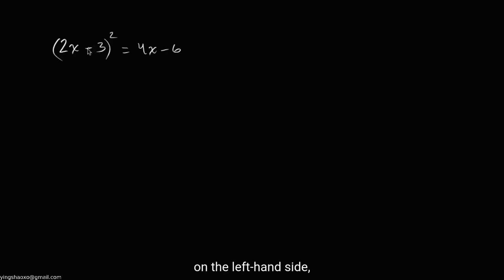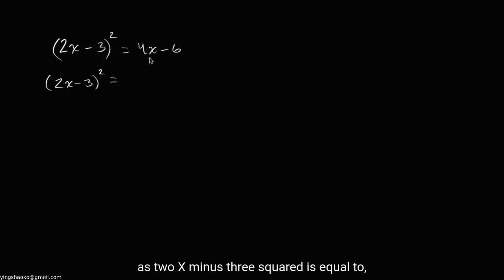Well, let's look at this. We have 2x minus 3 squared on the left-hand side. On the right-hand side, we have 4x minus 6. Well, 4x minus 6 is just 2 times 2x minus 3. Let me be clear there. If I factor out a 2, that's 2 times 2x minus 3.